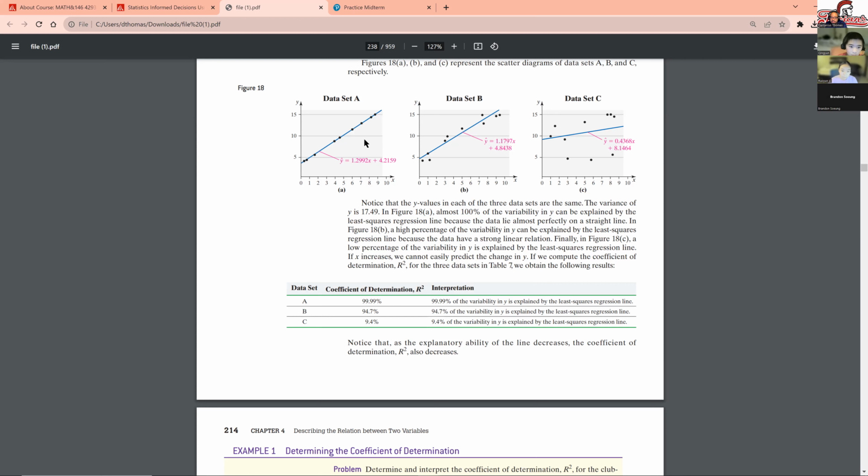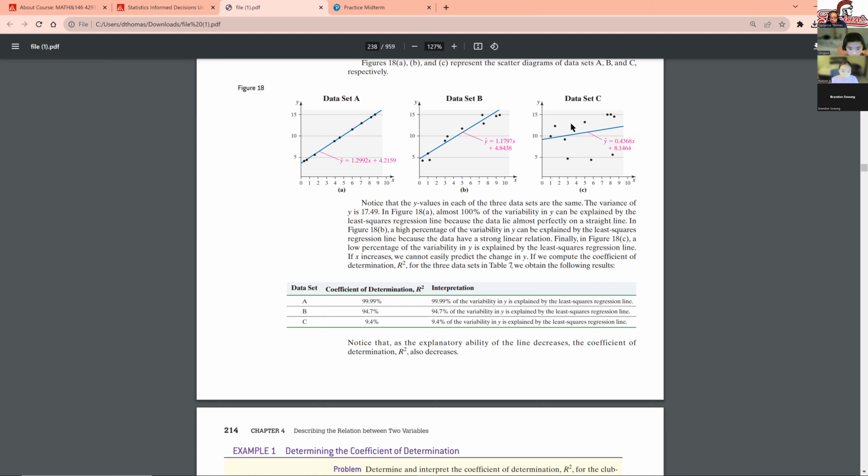And here are three examples. In data set A, as you can see, the scatter plot is right on, a perfect linear relationship. The variability explained is like 99.9%. Our line is a great predictor, so for certain values that we don't have, we could use our line to predict what those values should have been, and B as well.